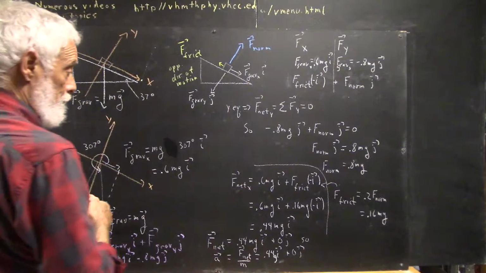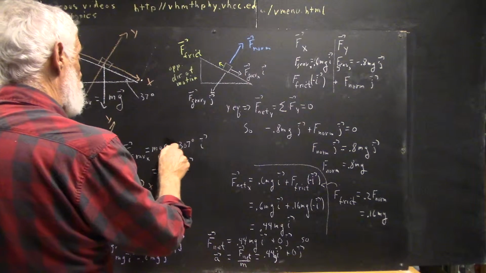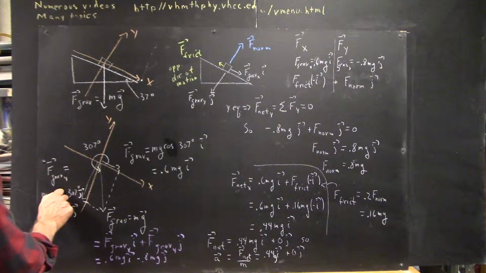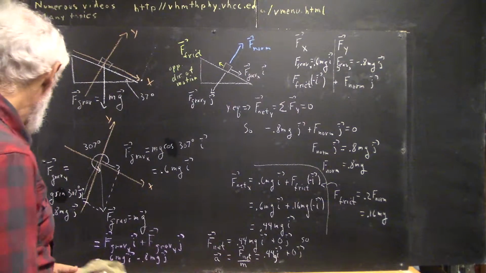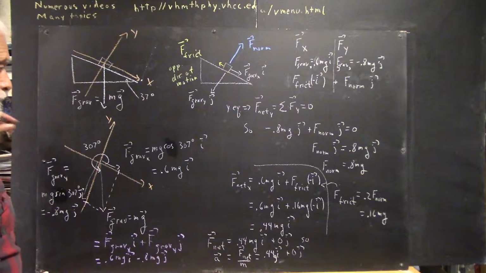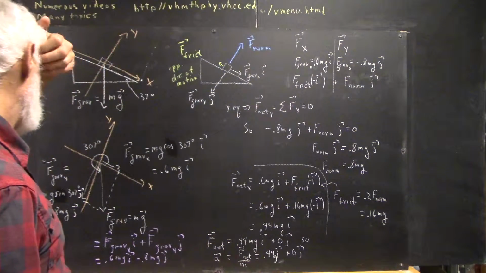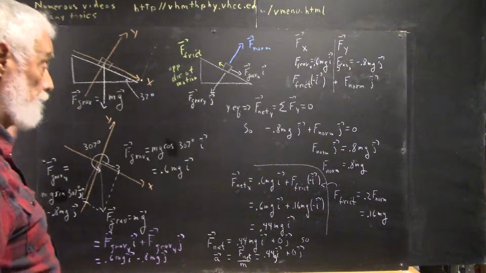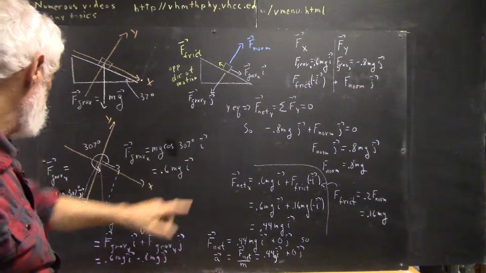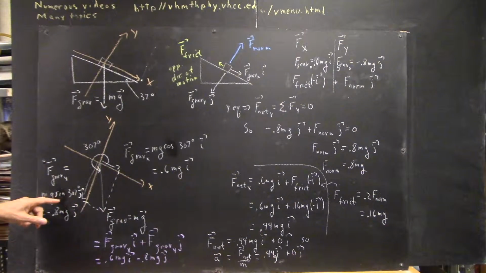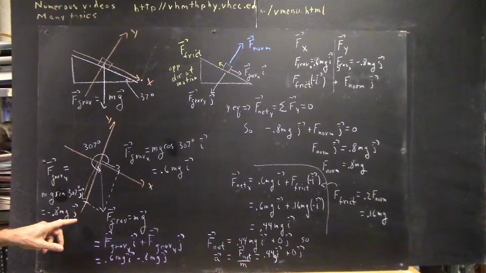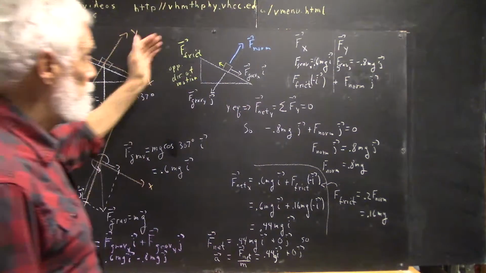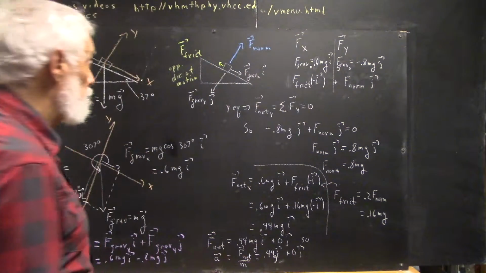I was moving through that quickly and wrote these down incorrectly. So there we have it: the sine of 37 degrees is about positive 0.6, so we get 0.6 mg times i. The cosine is about 0.8, so we get negative 0.8 mg j. And now we can redraw our diagram.